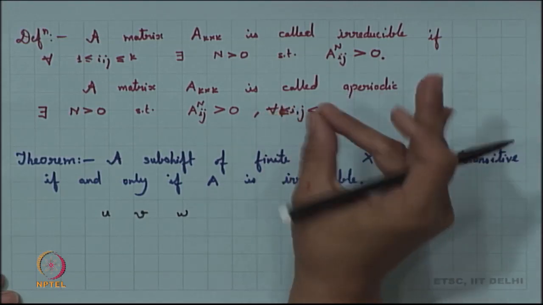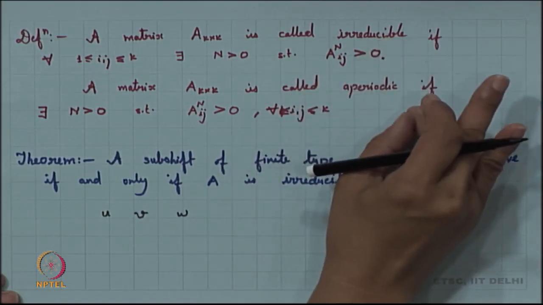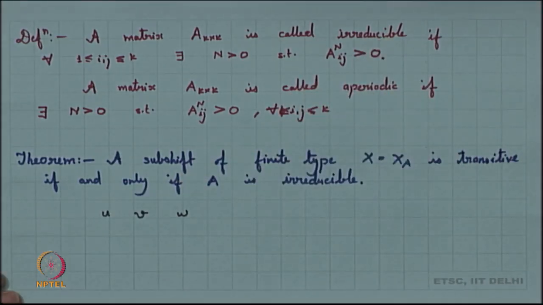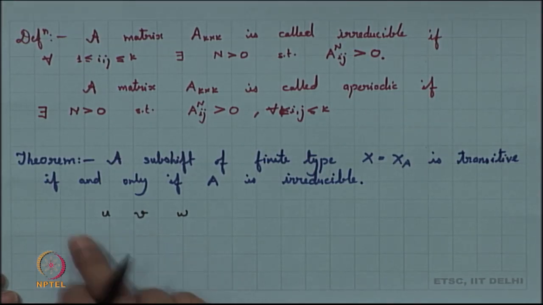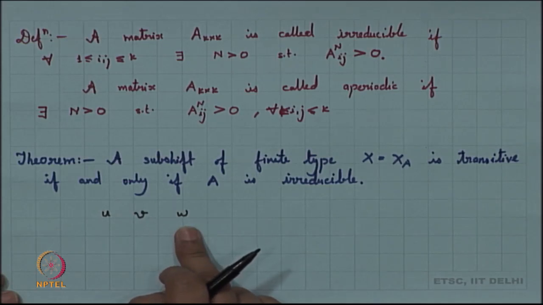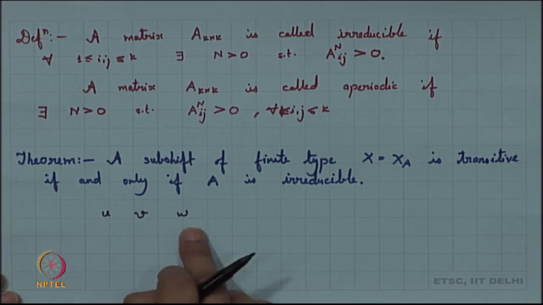So, this path will be n step. So, given a word u, given a word w, you will always find a word v of length n such that this is a permissible word.